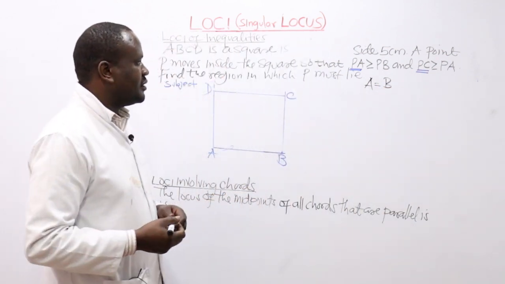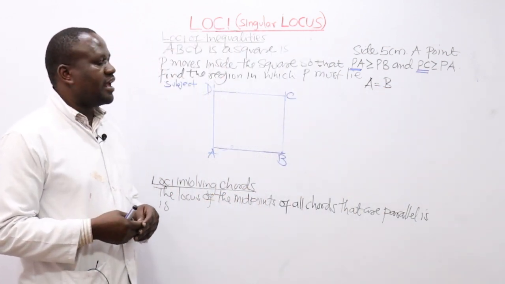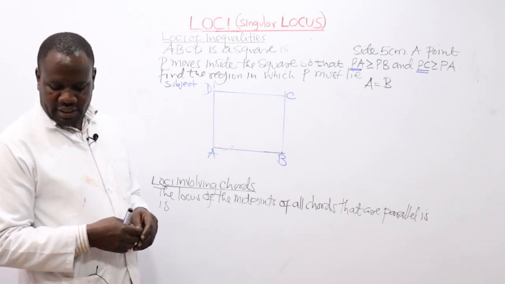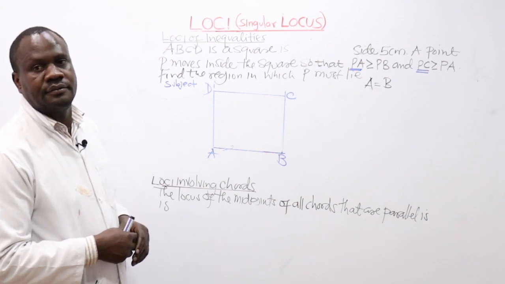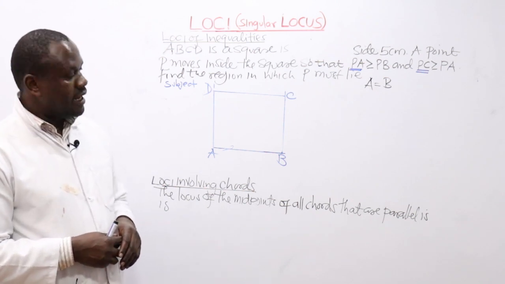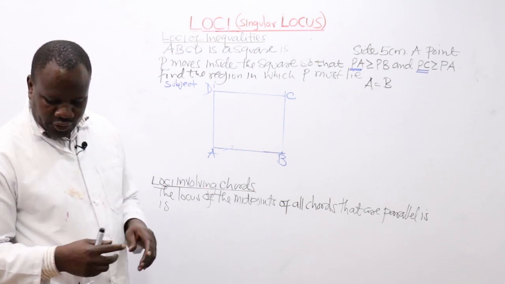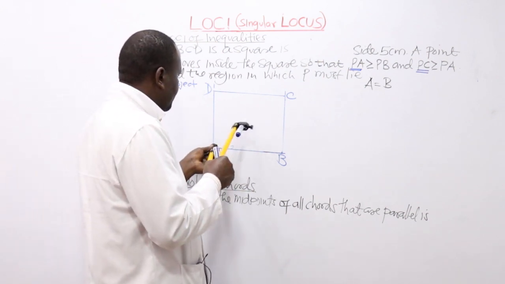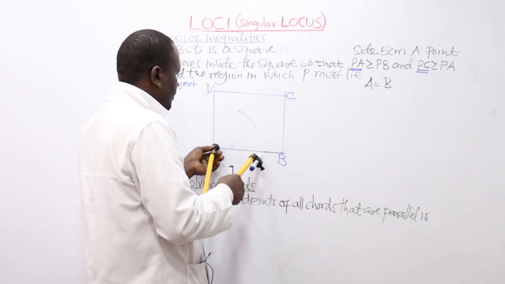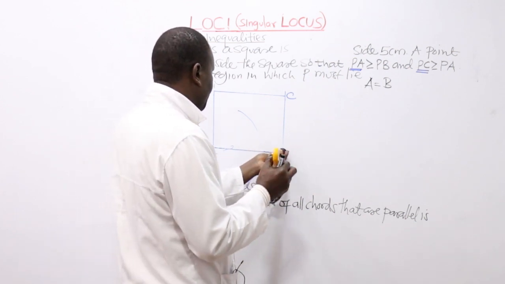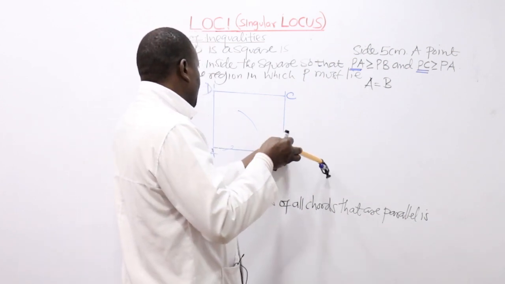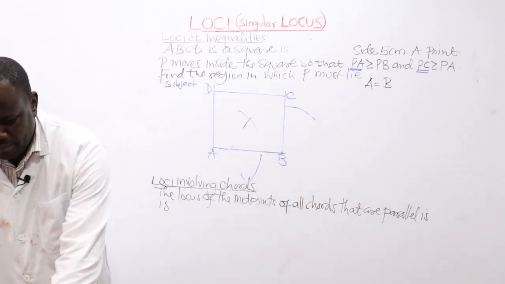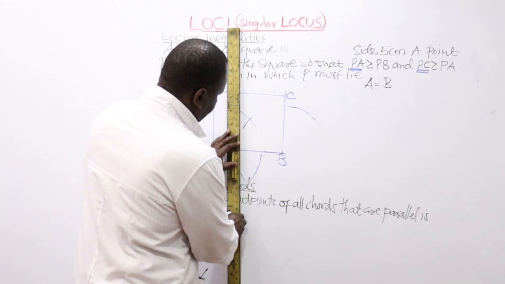There is a point that moves such that PA is equal to PB. It means that point P lies in the middle, so we get a perpendicular bisector. So P must lie first in the middle.